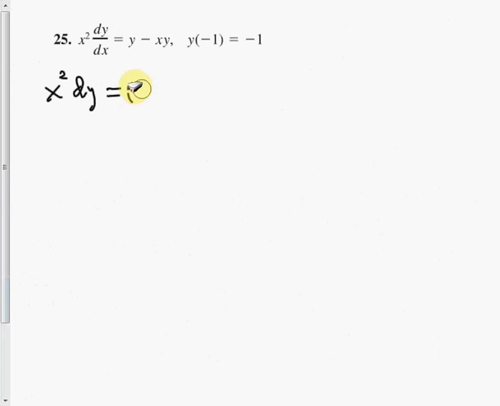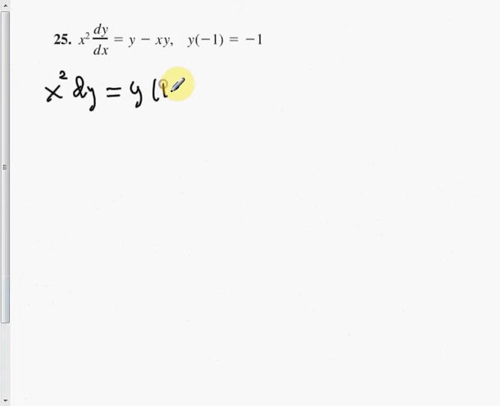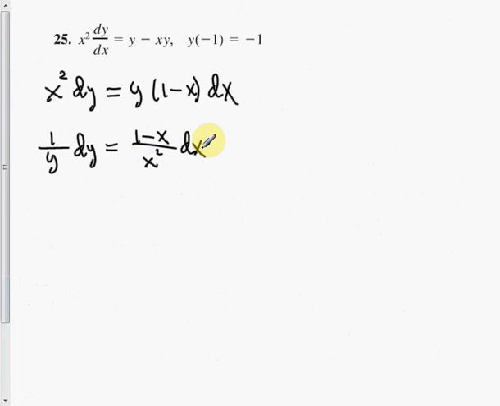So we just factor out that y while we're there: (1 minus x) dx. Separate the variables. So divide both sides by x squared and divide both sides by y. So we get 1 over y dy is equal to (1 minus x) over x squared dx.